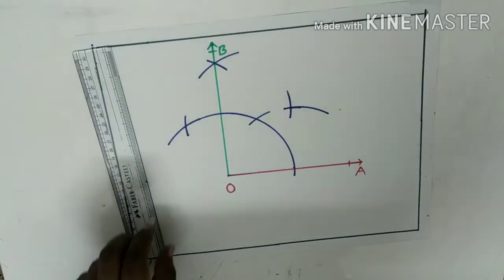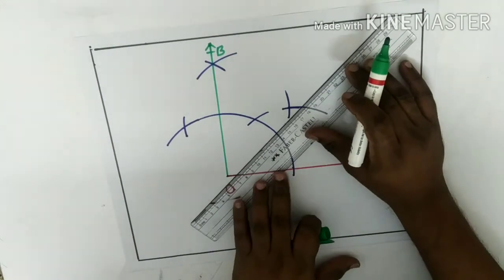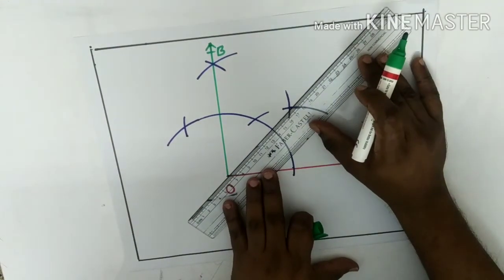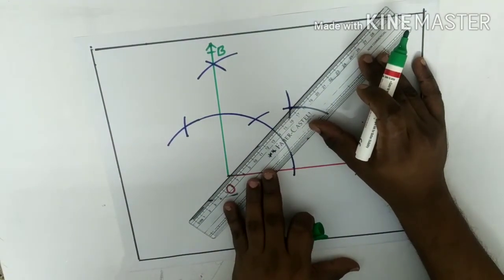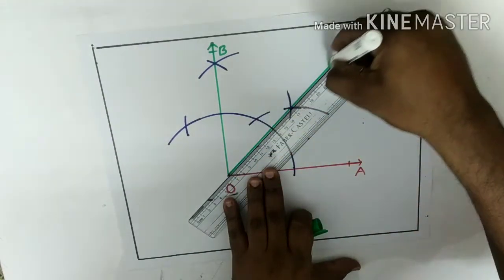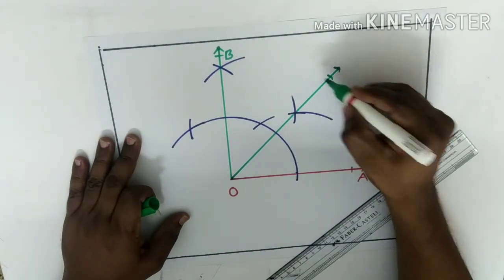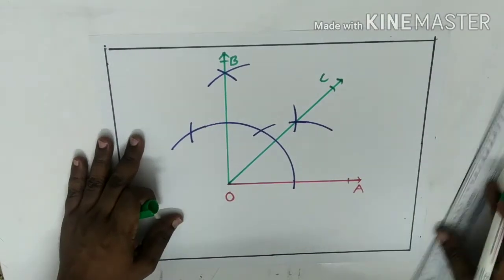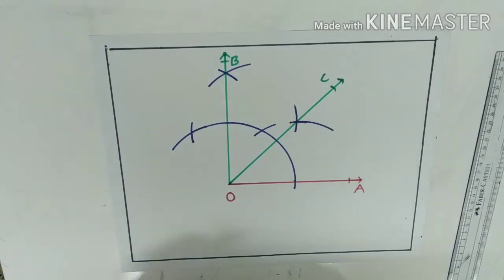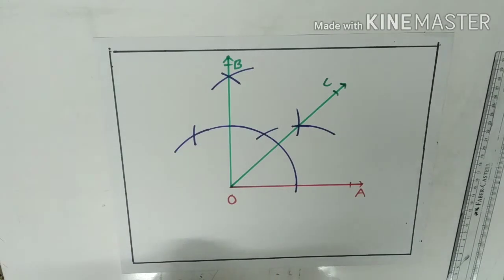Now I will join this line from the vertex to the point of intersection of the arcs. So this is 45 degrees. 90 degrees is bisected into 45 degrees.